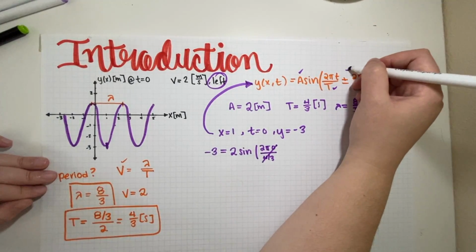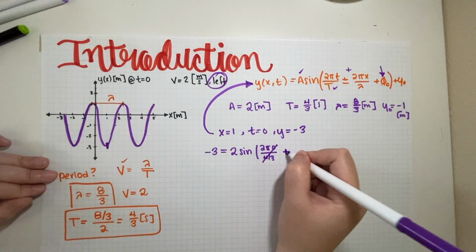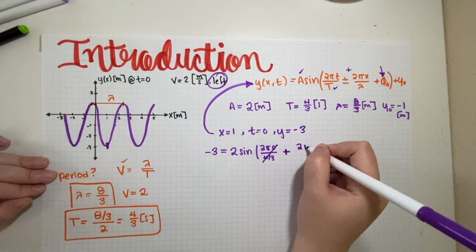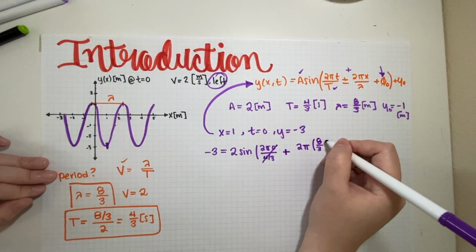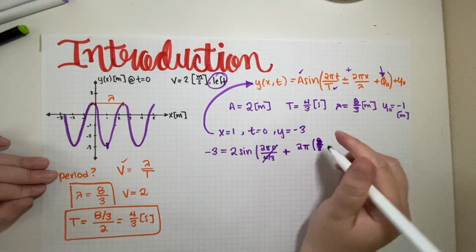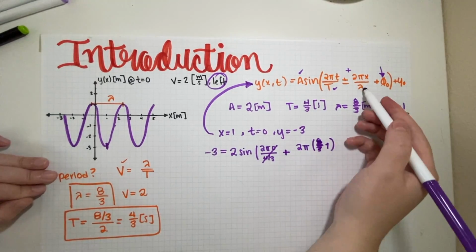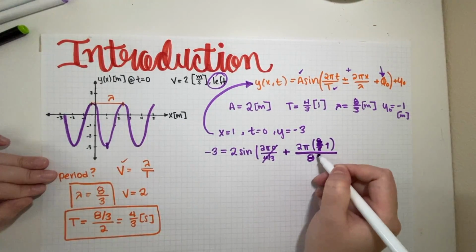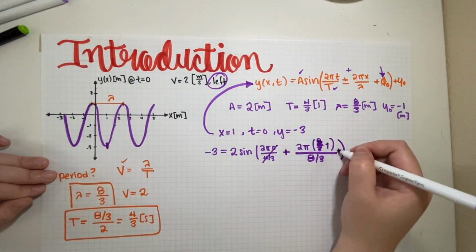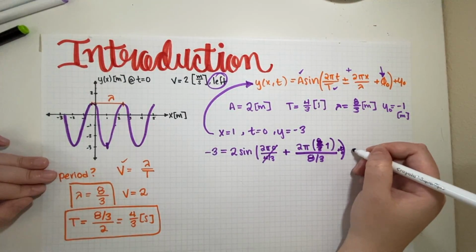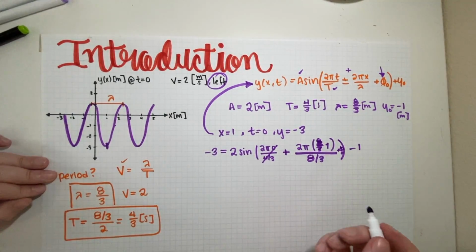So left is equal to plus 2 pi 8 thirds. Oh no, this is x, so x is just equal to 1 divided by lambda, so 8 thirds over here, plus y naught minus 1.